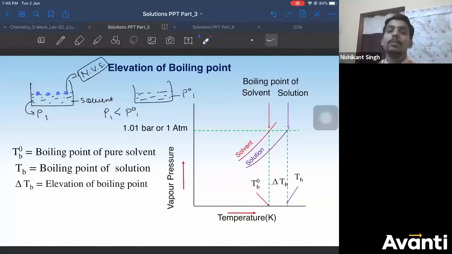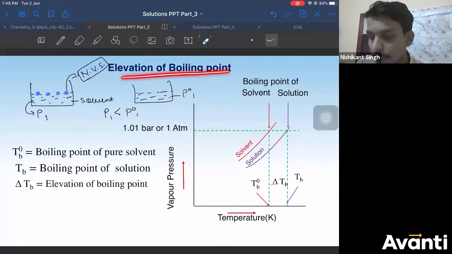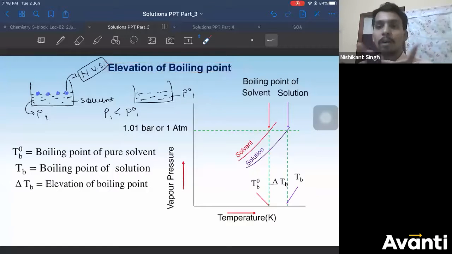Vapor pressure is always inversely proportional to boiling point. So the boiling point will increase. That's why we are studying elevation in boiling point. If the solvent was boiling at 100 degrees Celsius, let's say water was your solvent, and you add some non-volatile solute to it, then the boiling point will be greater than 100, 110, 120 something, right? It will definitely increase. Keep this in your mind.